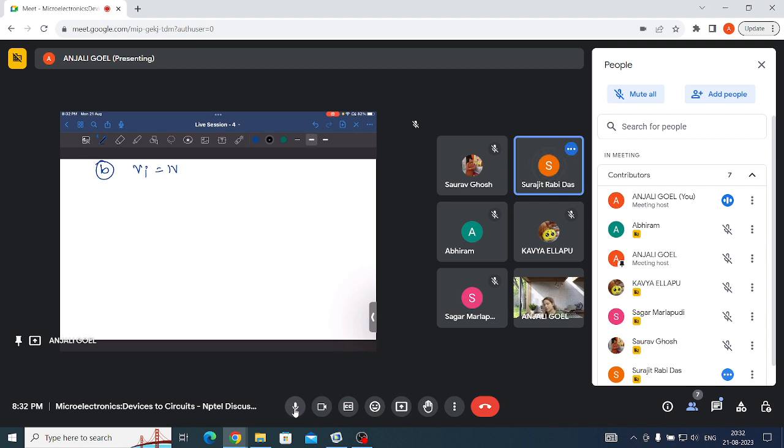Yeah, both will be 0.5 volt. Vx and Vout, because the value is less than the VT threshold value.